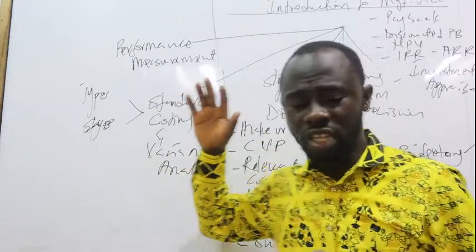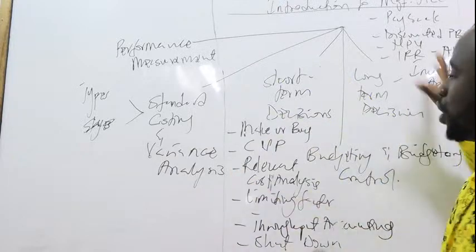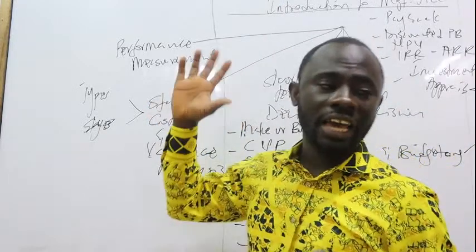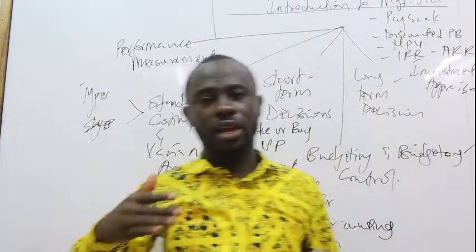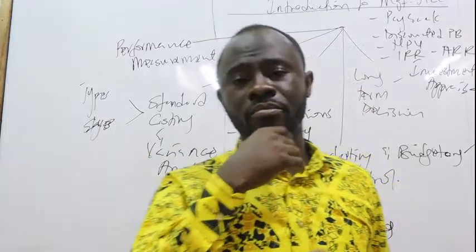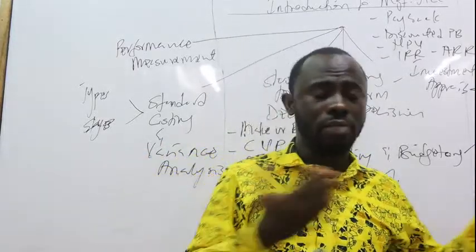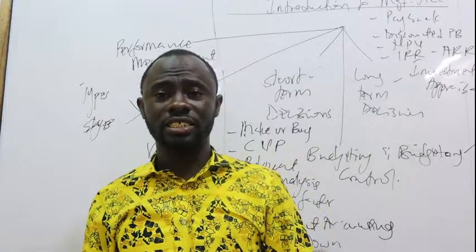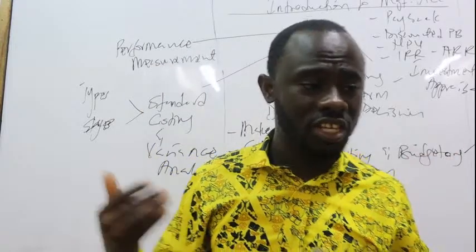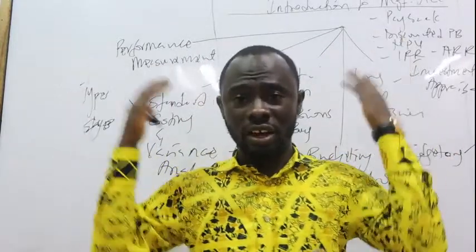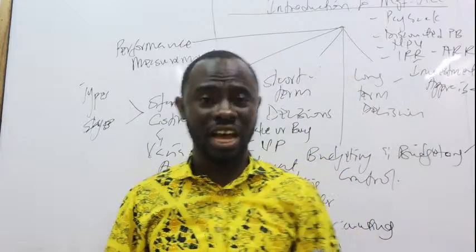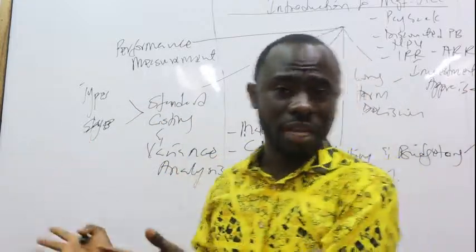So these are the issues we need to look out for. But aside from these, there are some minor things that you need to understand. The first one is ethics. Management accounting now has a component of business ethics that you need to understand. Last week, we discussed professional ethics, which is the same in management accounting.